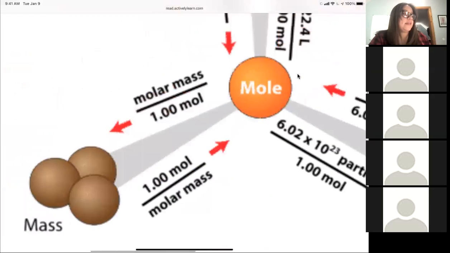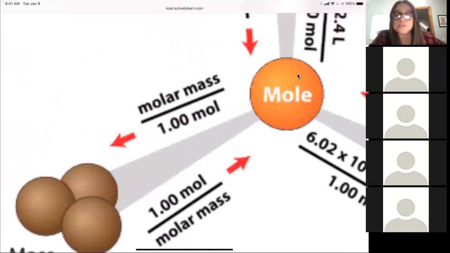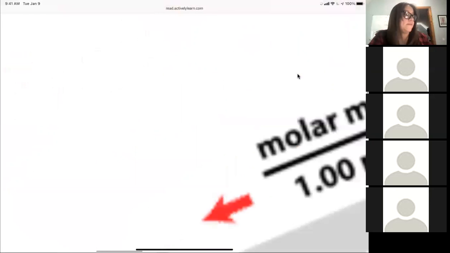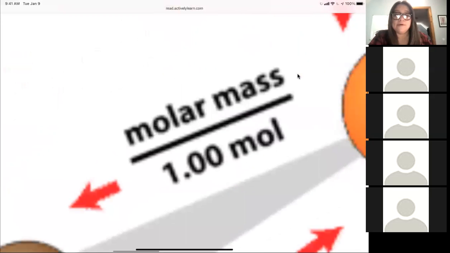We are following the arrow that's pointing from moles down to mass, meaning we are using the fraction at the top: molar mass over 1 mole.